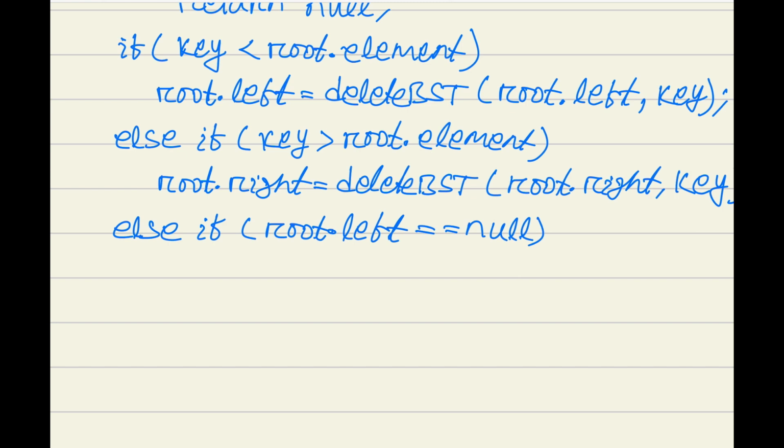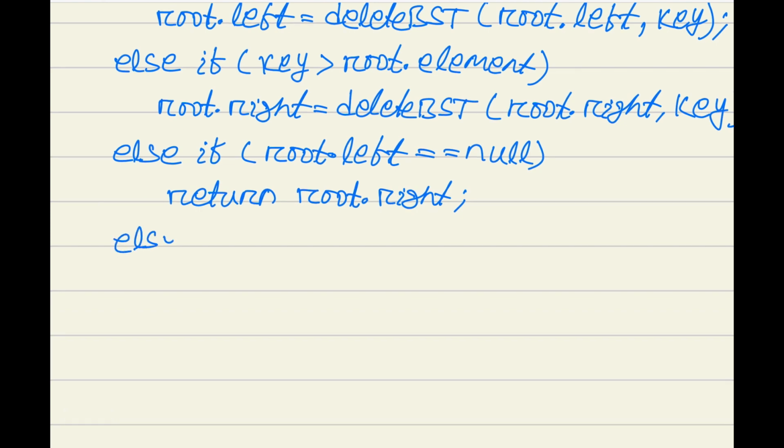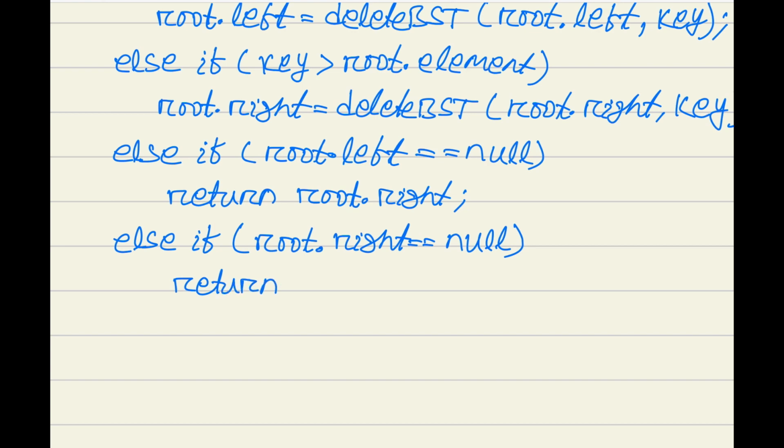So we can simply return the right child like we have discussed in the algorithm. So return root dot right. Now if the right child is null, we can write: if root dot right equal to null, return root dot left, like this.